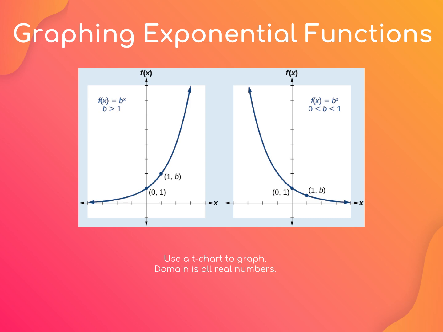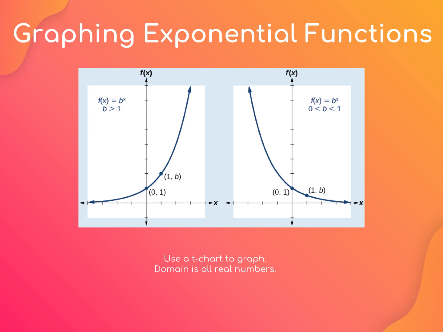All right, so this is visually what an exponential function looks like, and this is the distinction that I was making in the previous slide. You can see in this first example, where f of x is b to the power of x and b is greater than 1, that it looks like it's shooting straight up. From left to right, it's going up.